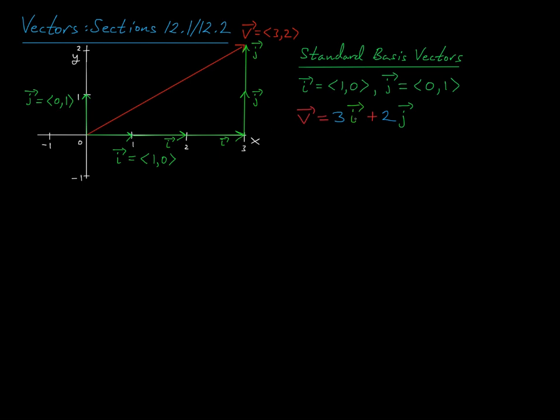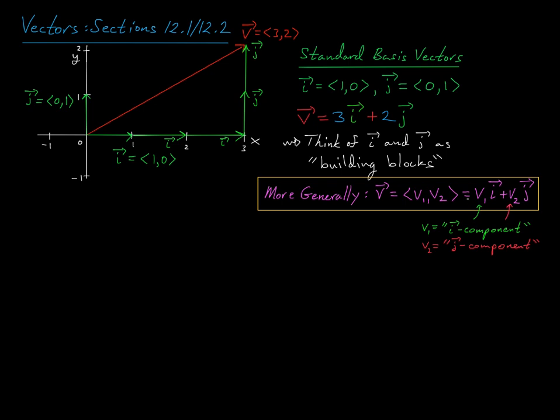So I need a total of 3 i's to build the horizontal component of the vector v. How about for the vertical component of v? Well, I need j and then another j, so I need 2 j's. And notice, right, these coefficients, the 3 and the 2 of the vectors i and j, those are simply the x and the y components of the vector v.